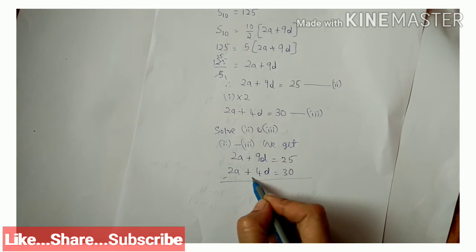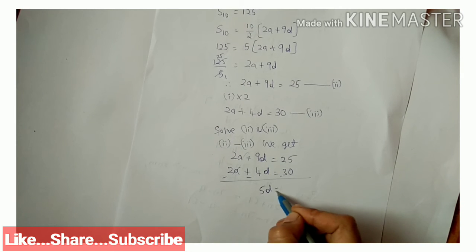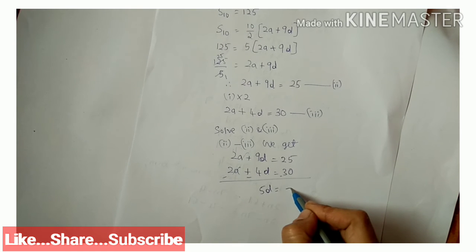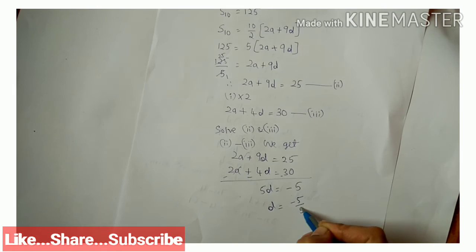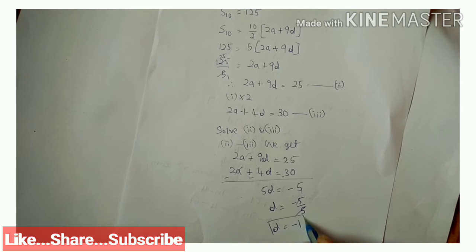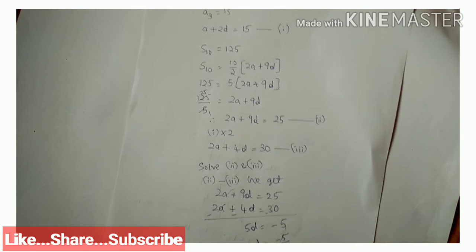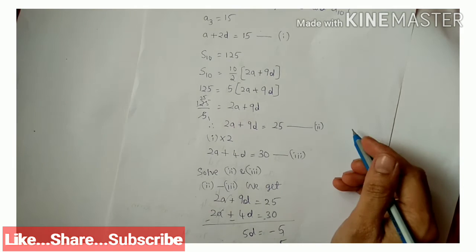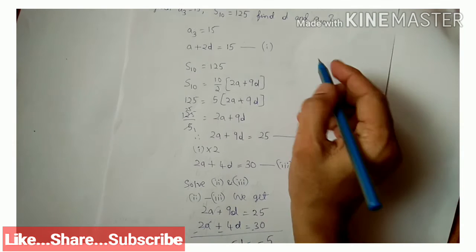Subtract: 5d is equal to minus 5. Therefore d is equal to minus 5 by 5. d is equal to minus 1. Put the value of d is equal to minus 1 in equation 1.